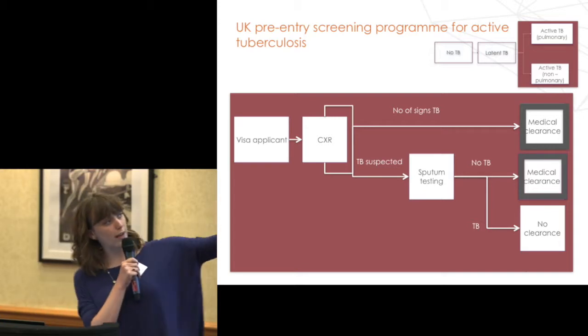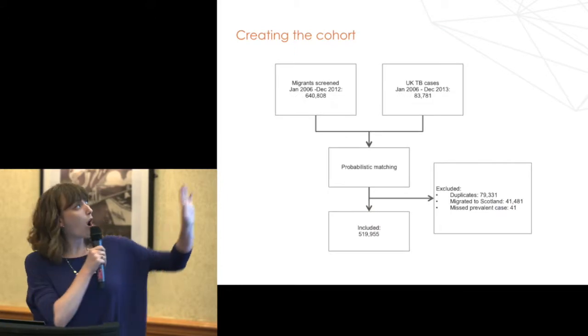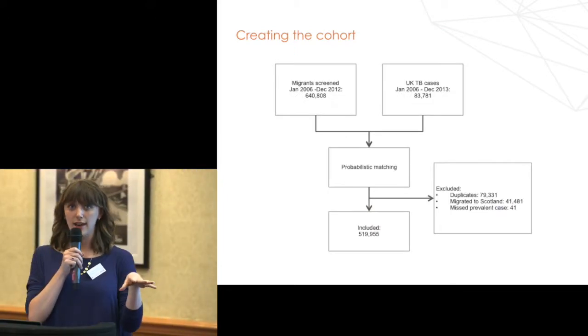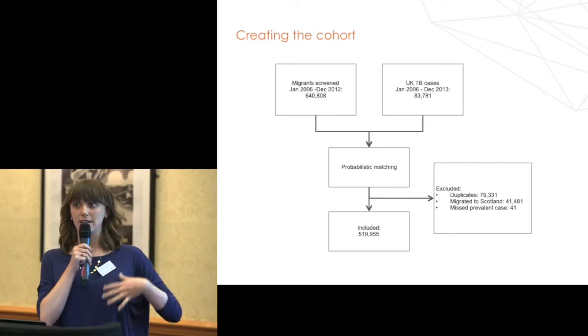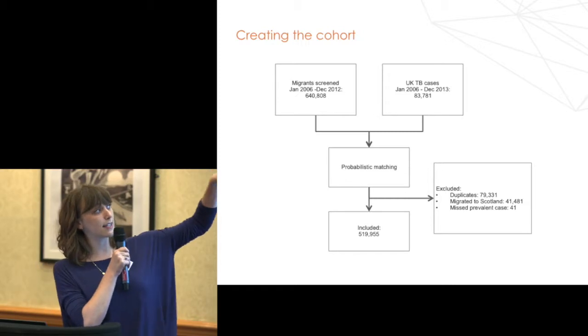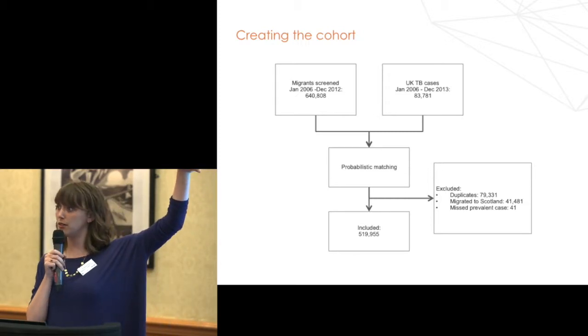These two squares here are where we create our cohort. All of the migrants between that period that came to the UK on a visa that were medically cleared, had no tuberculosis at the time of the test, we probabilistically matched them to TB case notification data here in the UK.